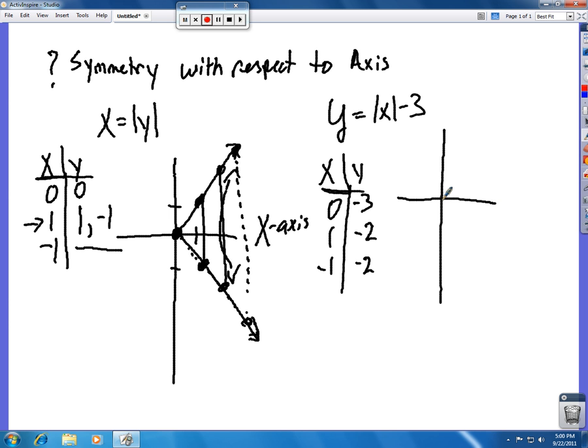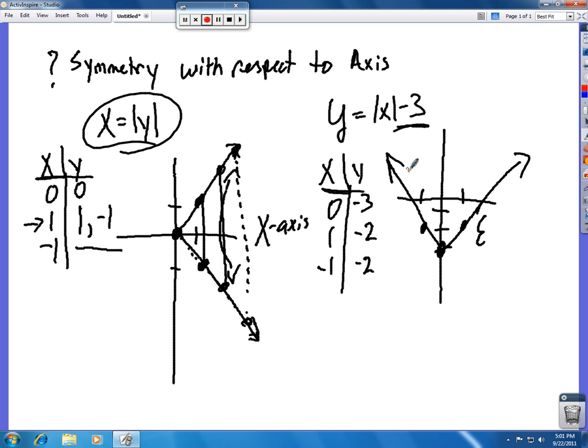So we're at 0, -3. We're at 1, -2. We're at -1, and -2 again. And because this has the absolute value in it, it's going to look similar to this one over here, but this -3 is actually just going to bump it down 3 spots. So we're going to have a straight line off this point going either direction.